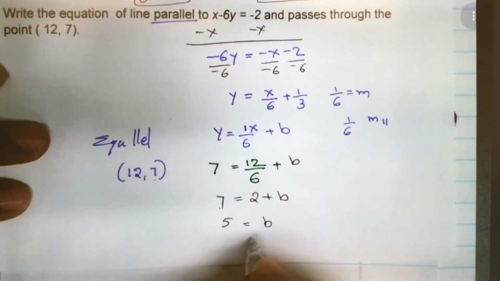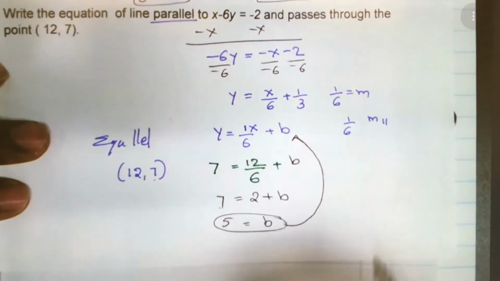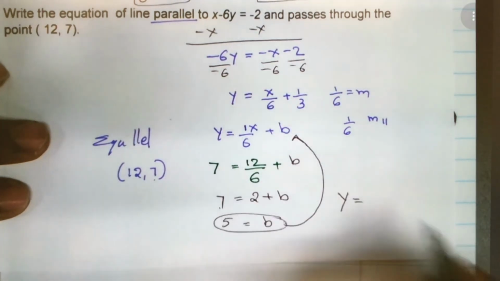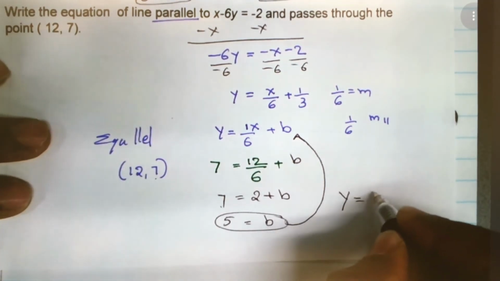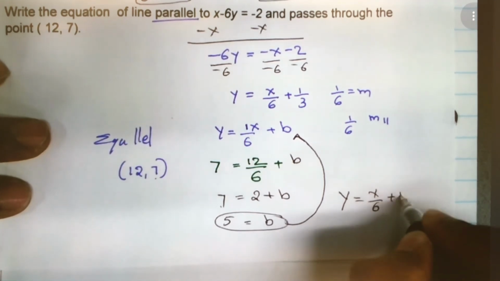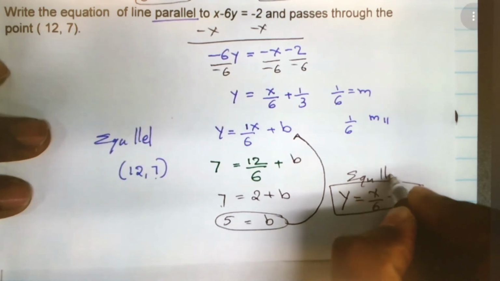So b is equal to 5. Once you have b, replace the b with 5. So the equation of the parallel line is y is equal to x over 6 plus 5.